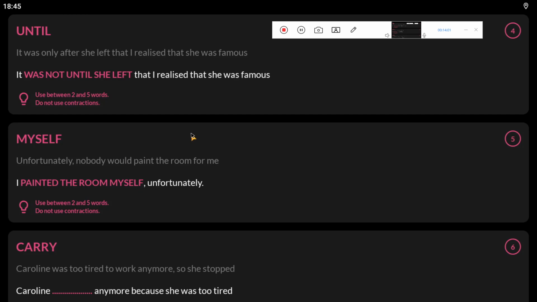Yes. Why do I use the simple past here? Who can tell me what I use here? It's that I painted the room myself, unfortunately, because I realized the activity and I finished it. The clue is would, the modal verb would. When do we use would? Do you remember? Would, used to, be used to, and get used to.